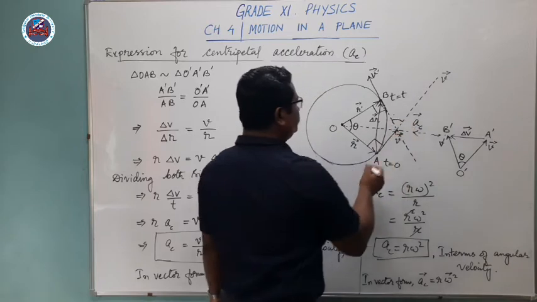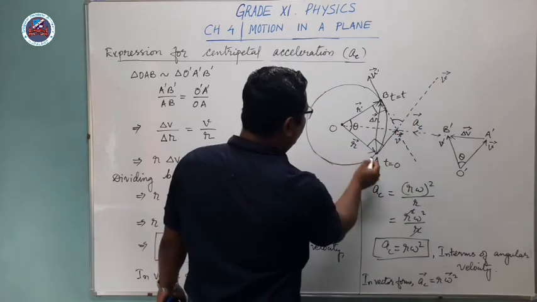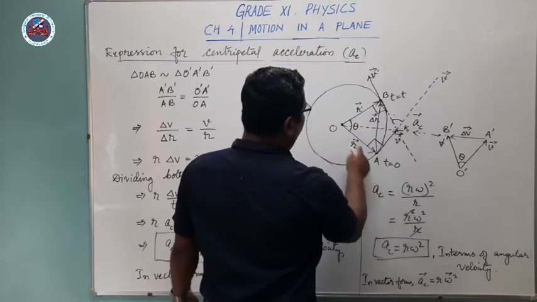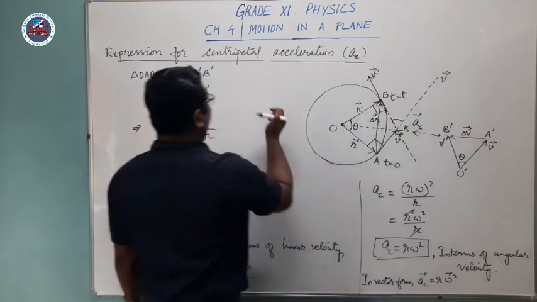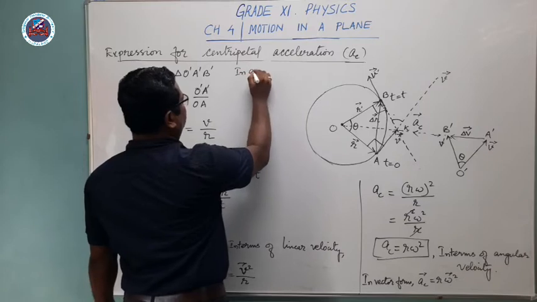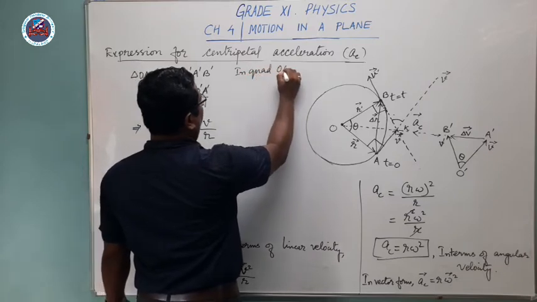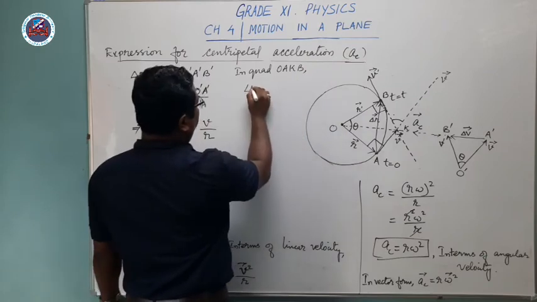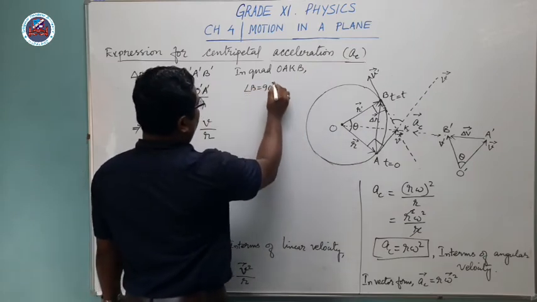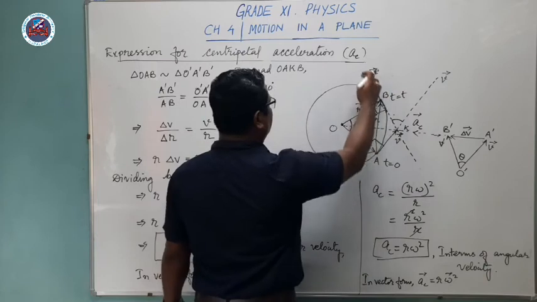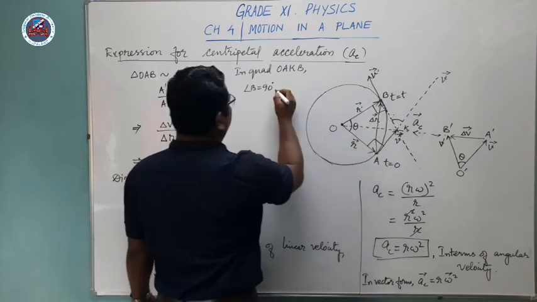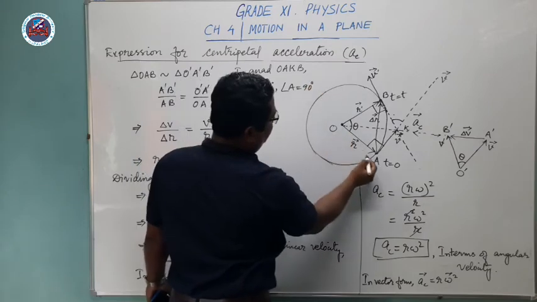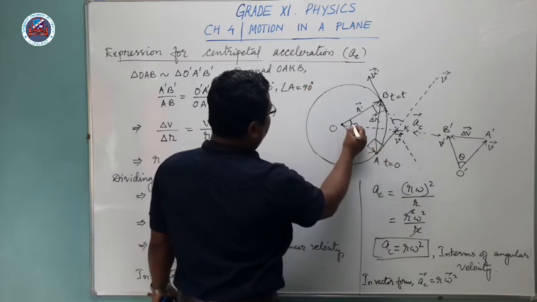You can see. First of all, OA, let this point be K. OAKB is a quadrilateral. In quadrilateral OAKB, here you can see angle B is 90 degree because this is radius and this is tangent, so it will be perpendicular. Angle A is also 90 degree, and this angle is theta.